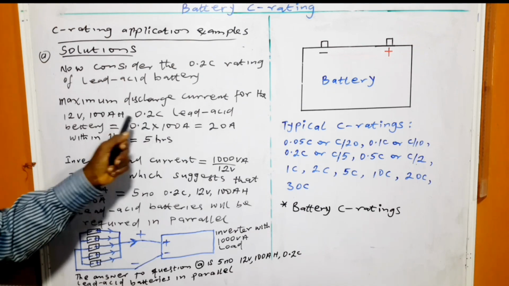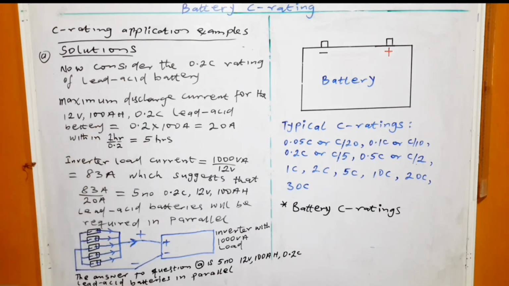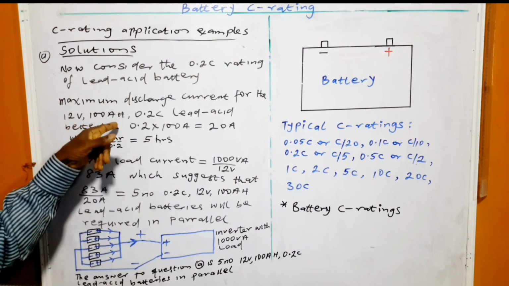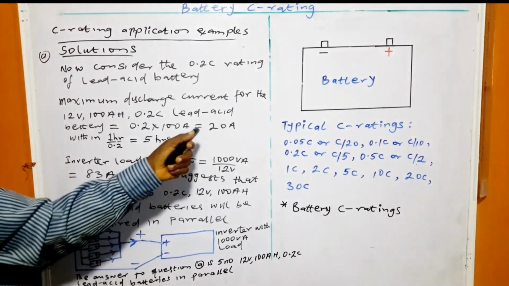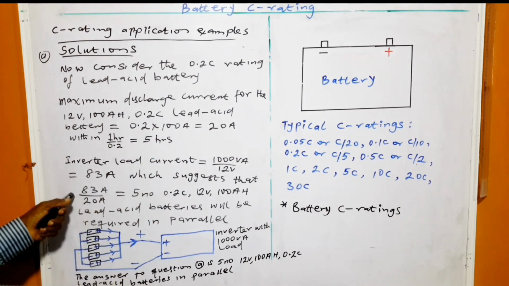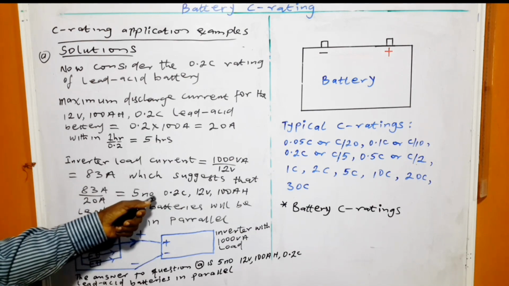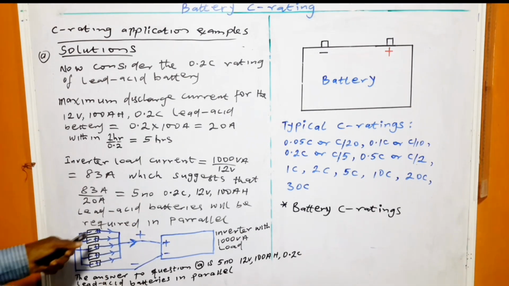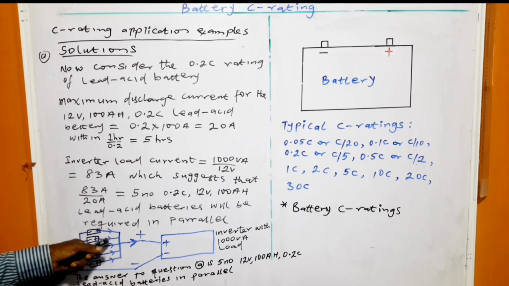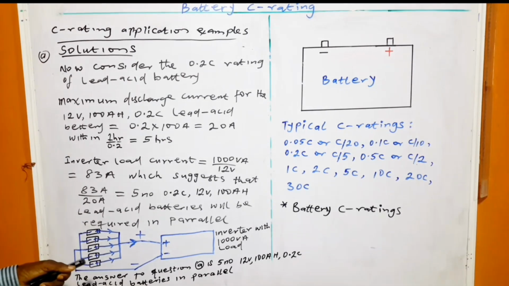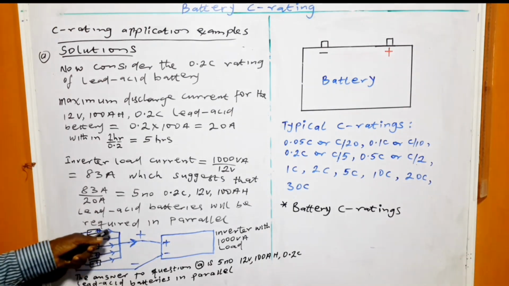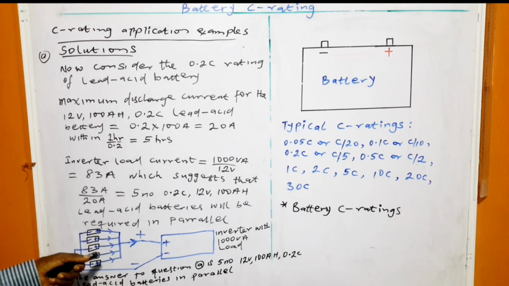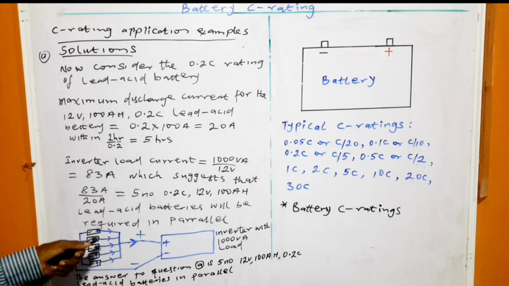Now from here, by applying the C rating, each 12 volt 100 ampere hour battery will be able to supply a current of 20 ampere. So if you use that to divide the total current, we get 5 such batteries. If you use only 4, they will only be able to supply a current of 80. So we have to use 5. By using 5, each of them will supply less than 20 ampere, and that is safe for the batteries.